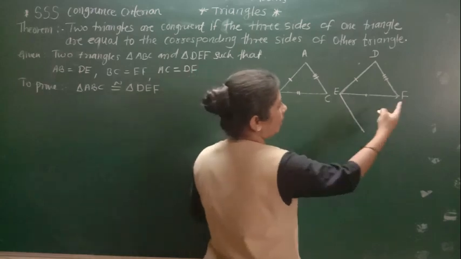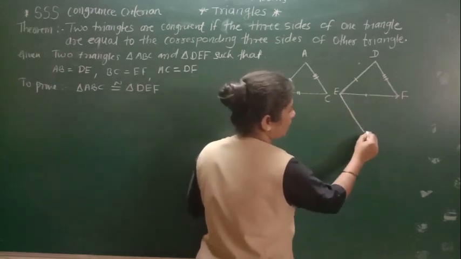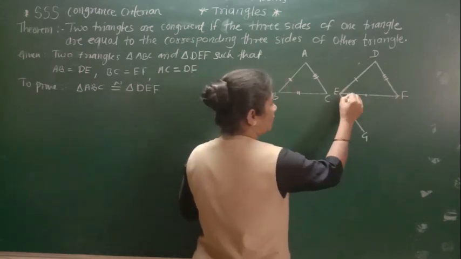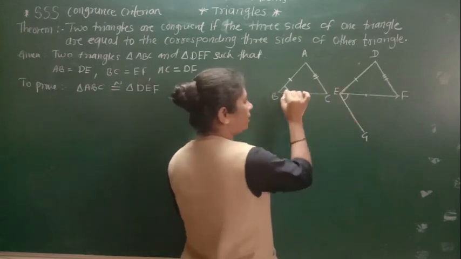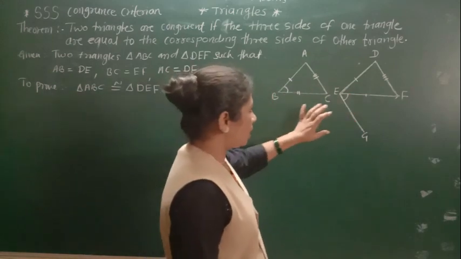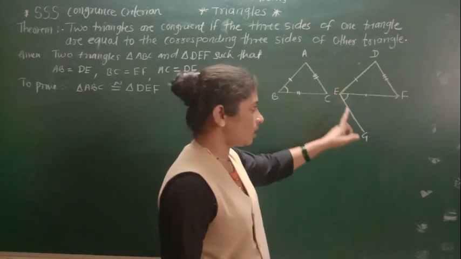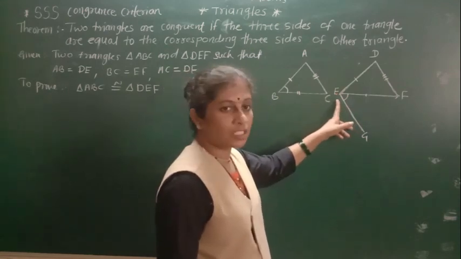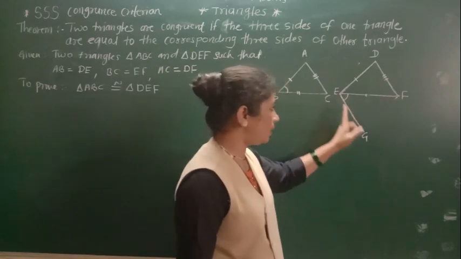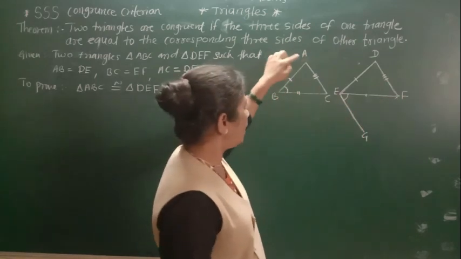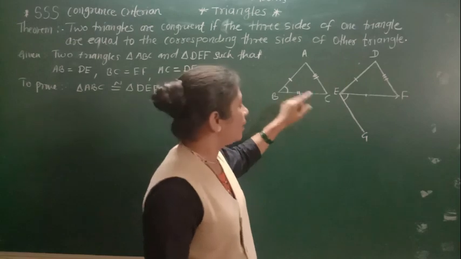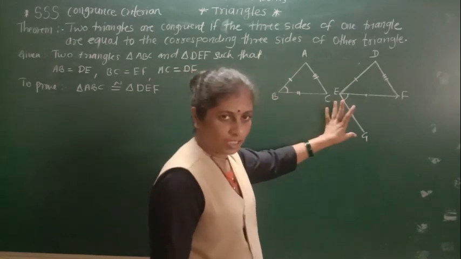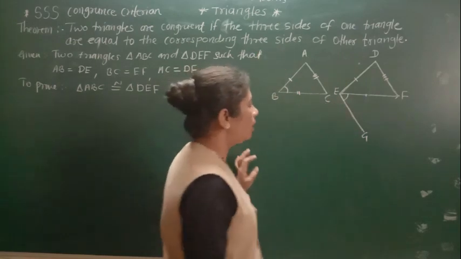So we draw EG such that angle FEG is equal to angle ABC and AB equals EG. Like this we do the construction.